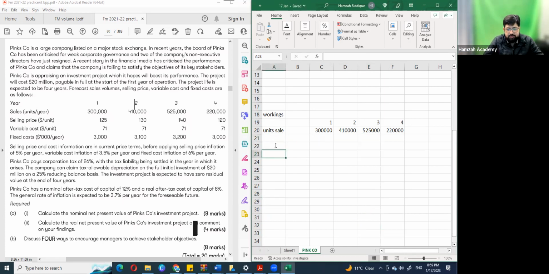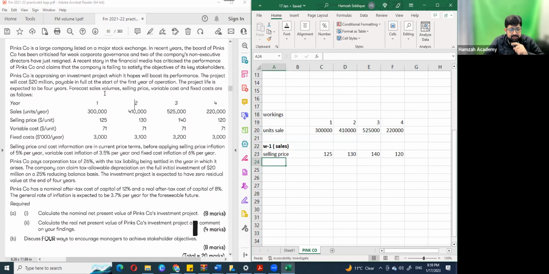Next is selling price. The selling price per unit is 125, 125, 130, 140, and 120.